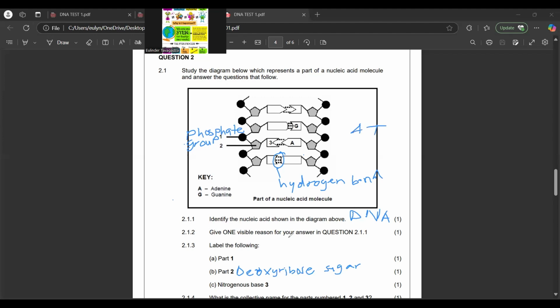So what is nitrogenous base 3 in base pairing? If this is adenine, A, then 3 becomes thymine. You've answered your question there.